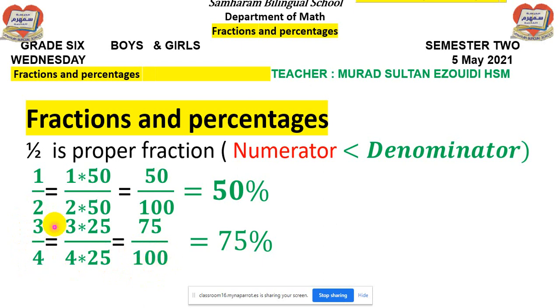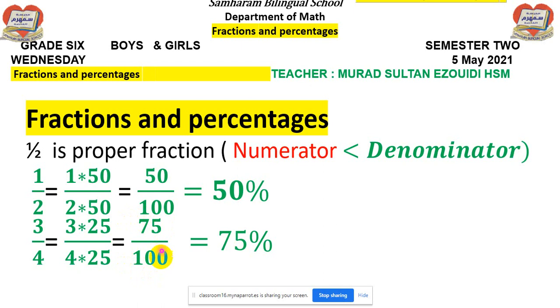I should multiply the numerator and the denominator by what, my learners? I should multiply 3 by what, and 4 by what, to get 75 divided by 100?